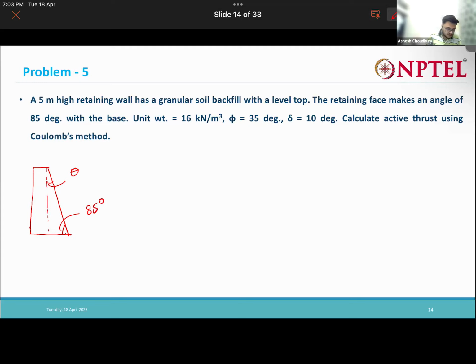So this theta will be nothing but 180 minus (90 plus 85), which is 5 degrees. My beta is 0 because my soil is level, not inclined. My delta is 10 degrees. My phi is 30 degrees. Now we have to find out K.